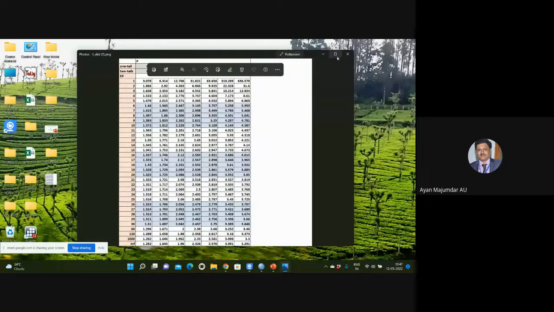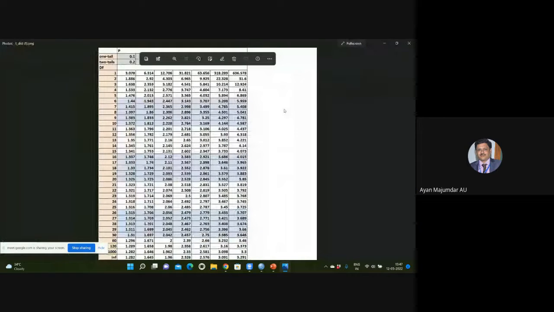This is a t distribution table. It is a one-tailed test and we are testing it at the 1% level, so we check one-tailed 0.01, with 11 degrees of freedom. You go down this column for degrees of freedom 11.